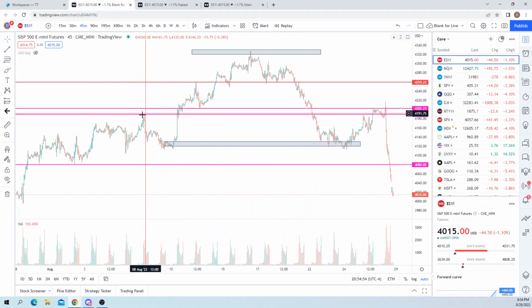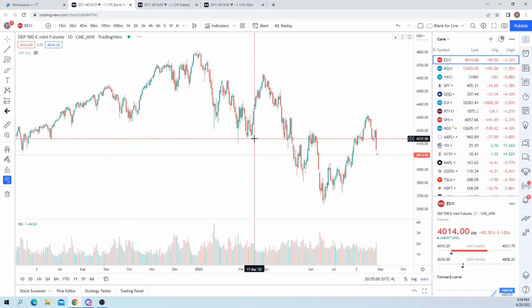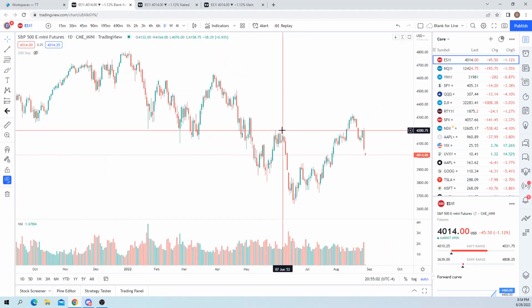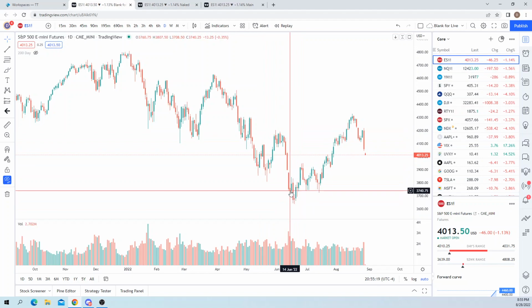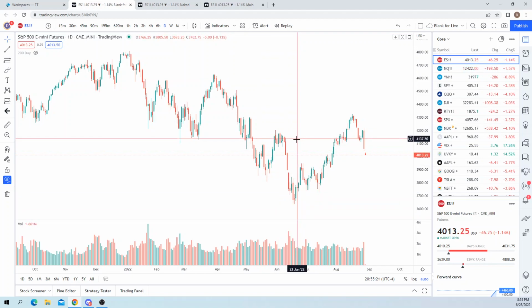Also, you could see in the past, price has pivoted around 4,200, and this was very significant here. 4,200, right where my cursor is, the high of this particular day on May 31st was 4,202. So it hit 4,200 before turning around, rolling over, and sending the S&P 500 to new lows, right?